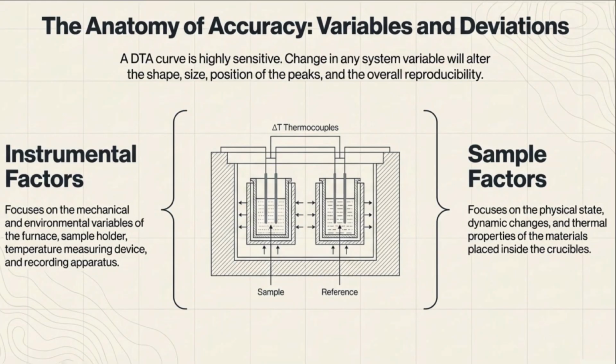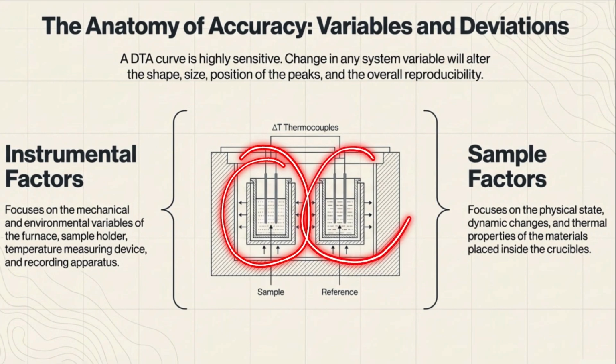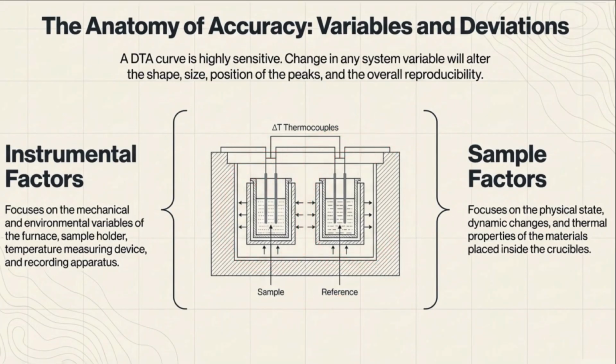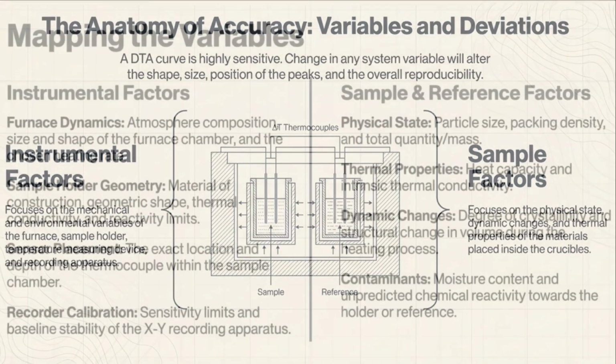This is the disadvantage of this technique, that we have to create identical situations in both sample and reference, and only there should be a change, and that change should correspond to the physical or chemical change happening in the sample. Other than that, both the sample container and the reference container should be identical as far as their environment is concerned.